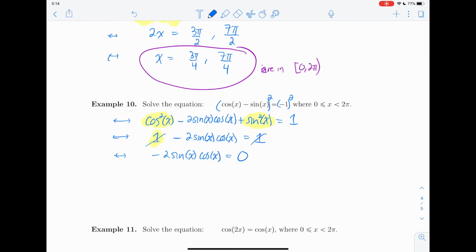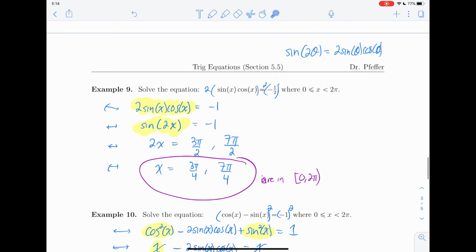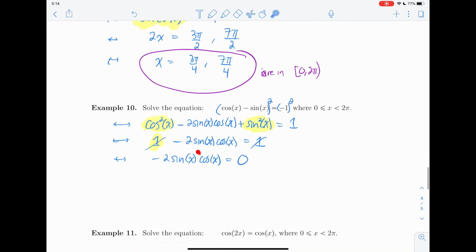Now you might think you're in a worse spot, but you're actually in a great position to solve this equation. Given that we just did a problem where 2 sine theta cosine theta was equal to sine 2x, you might be inclined to see that here and immediately jump on it.